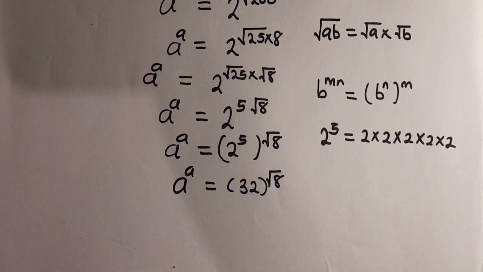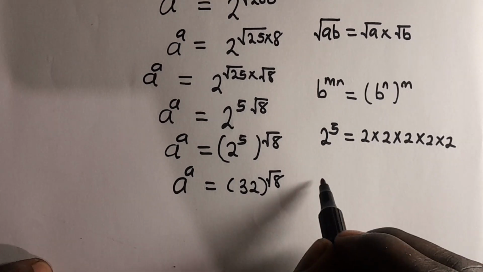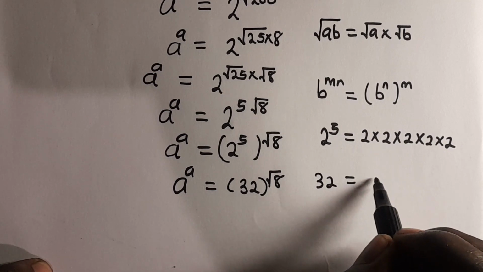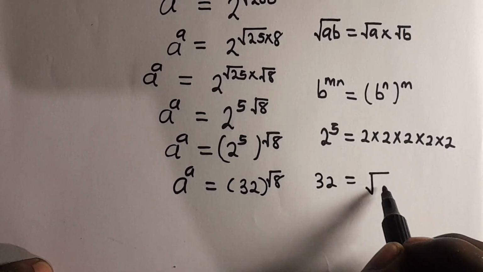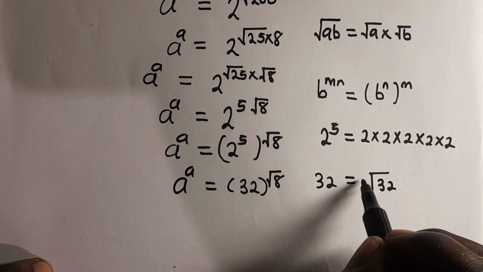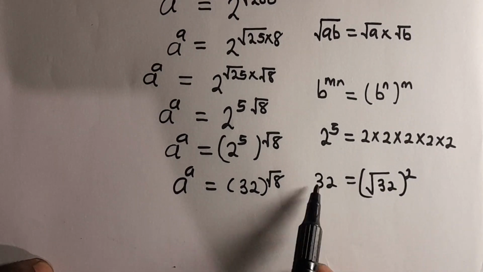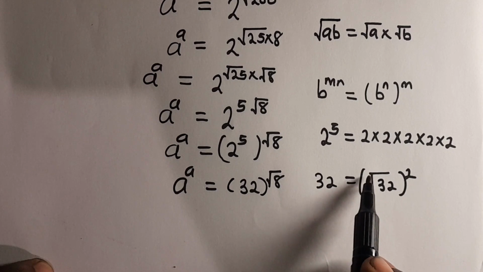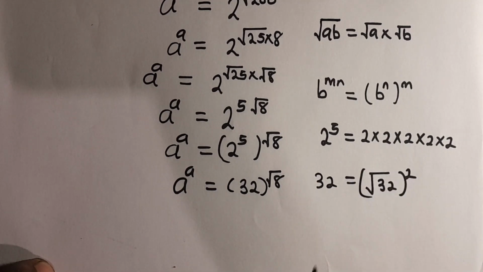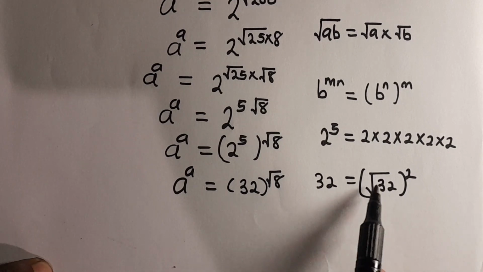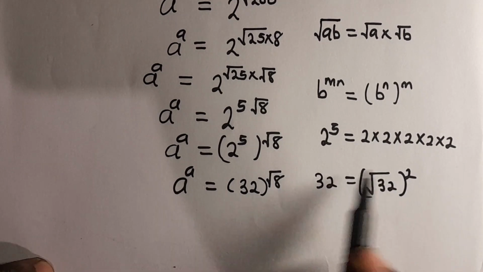Now, from here, 32 is equivalent to the square root of 32 raised to power 2 again. This expression is correct because this square root will cancel this square, so we are going to have our 32 back. Now let's substitute this here.